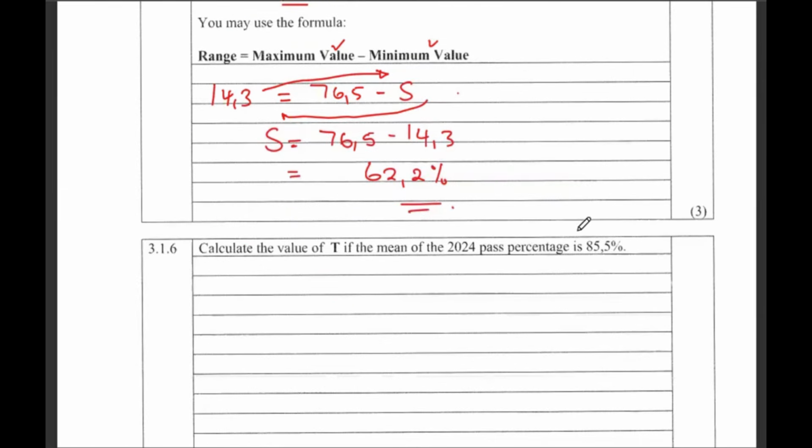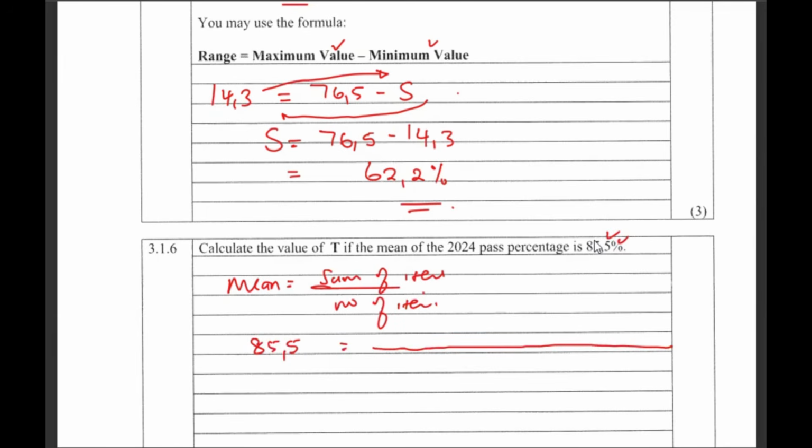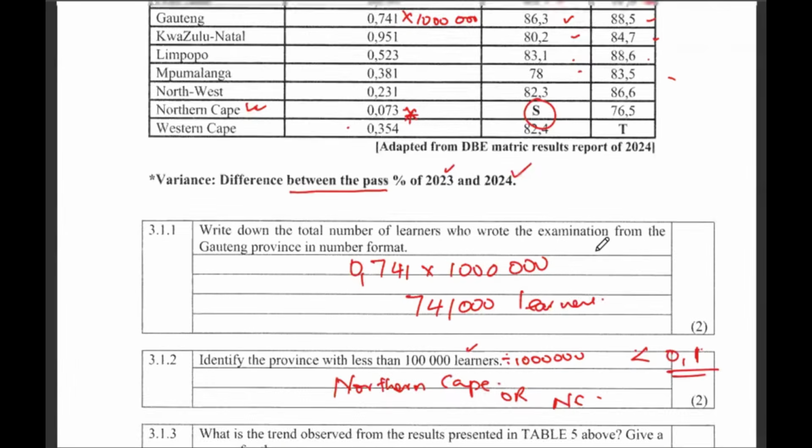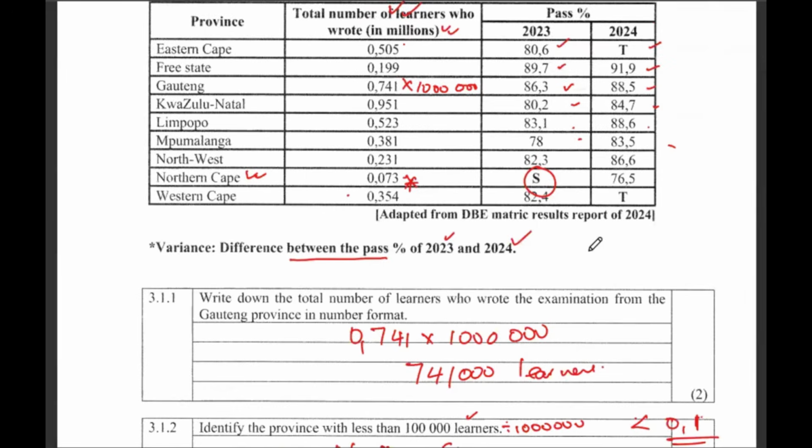Okay, then calculate the value of T if the mean of the 2024 pass percentage is 85.5. Now remember that mean is the sum of items over the number of items. So our mean is 85.5. We need to add up whatever is above over the number of items. We're dealing with 9 provinces, okay? So adding this up, we're going to have a tricky situation. Let me just try to add up everything.